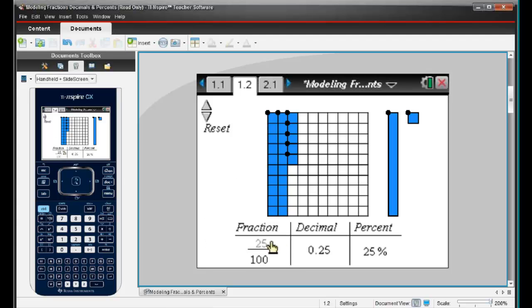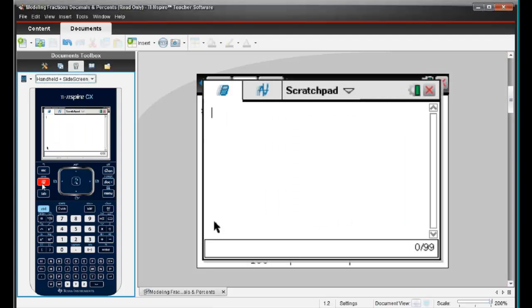Now, to consider the relationship between the fraction and the decimal, we're going to go to our scratch pad. So if we press the scratch pad key, this gives us an environment to perform calculations. And we're going to type in 25 divided by 100. Now, the TI-Nspire loves fractions, and if it can reduce a fraction for you, it will.